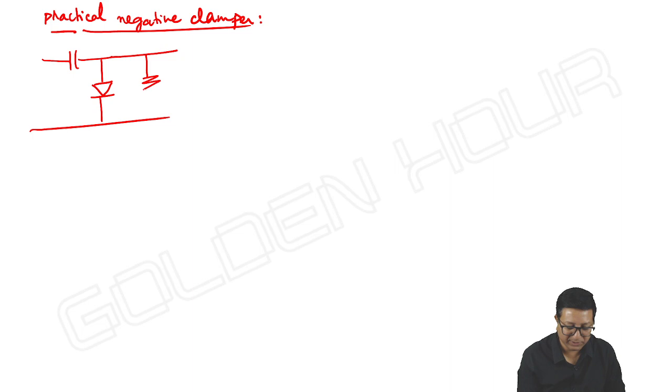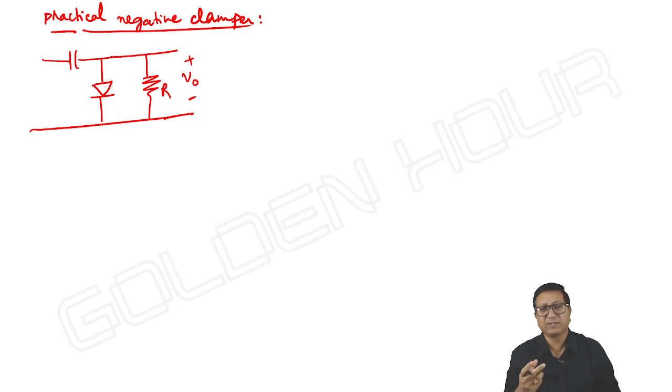Just connect a resistor. Of course, practically, once you are designing a system whose output is given as input to some other system, that other system itself acts as a load. You can take that also, but right now the resistor is connected as far as our present topic is concerned.